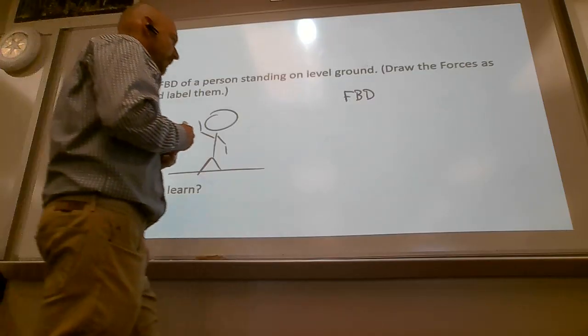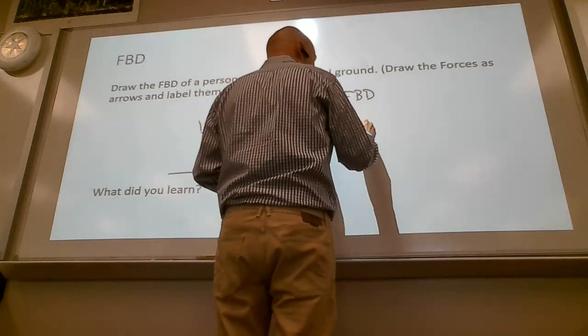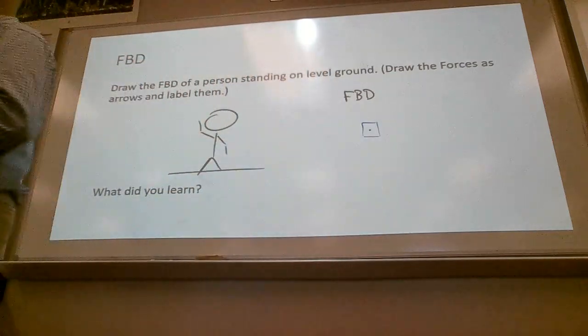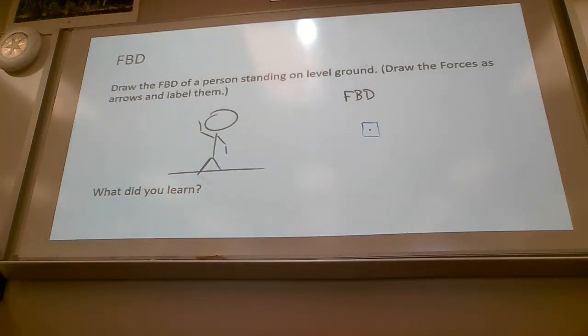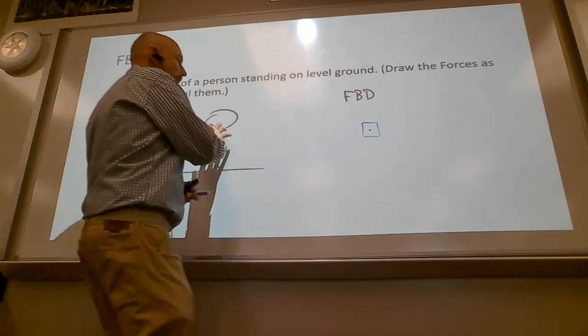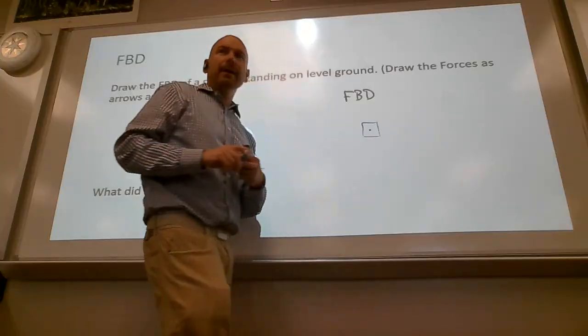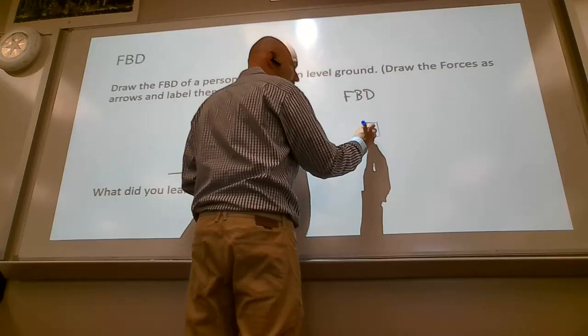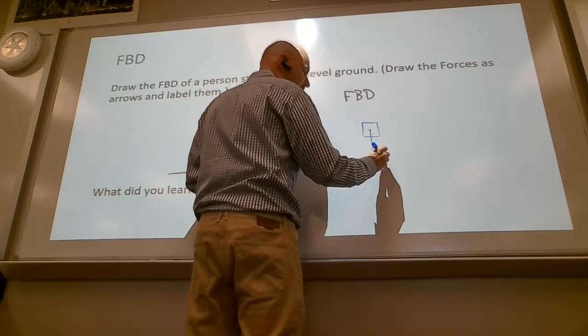Here we go. You standing on the surface, just standing on the ground at rest. What forces are acting on you? We're going to represent you as a box with a belly button. That belly button is the center of mass, so it's going to act as our origin. Acting on you, force of gravity, that's kind of a give me.